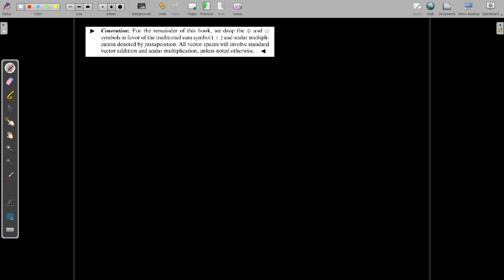Now we have an important remark. For the remaining portion of this book, we drop the circled notations. It is not handy to write these symbols all the time.